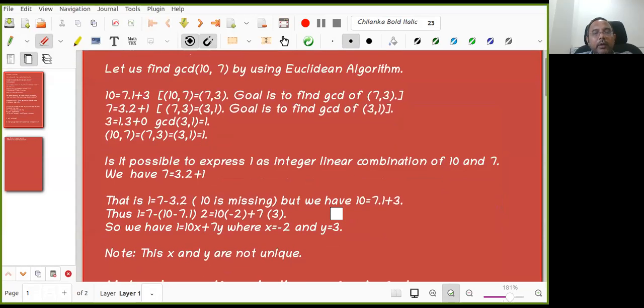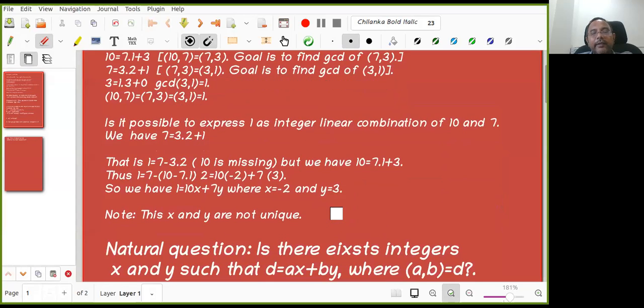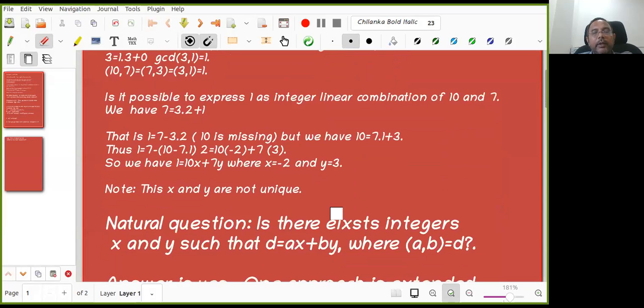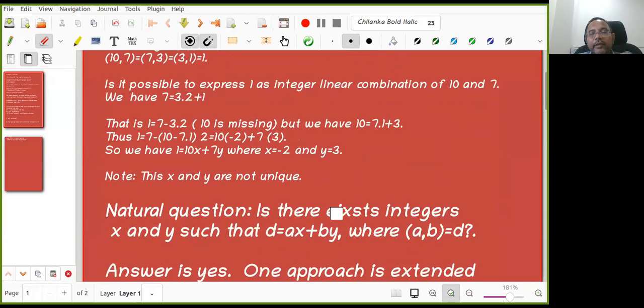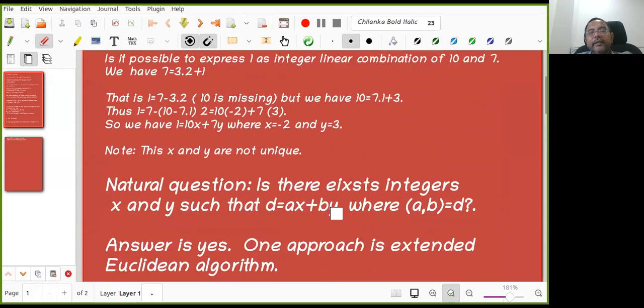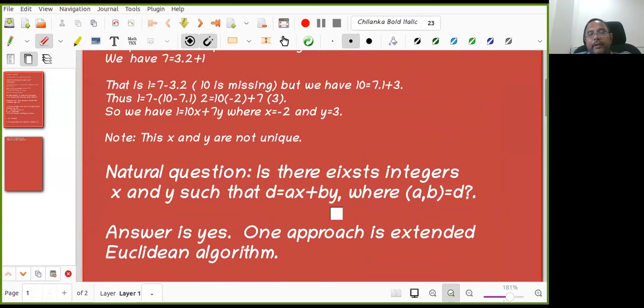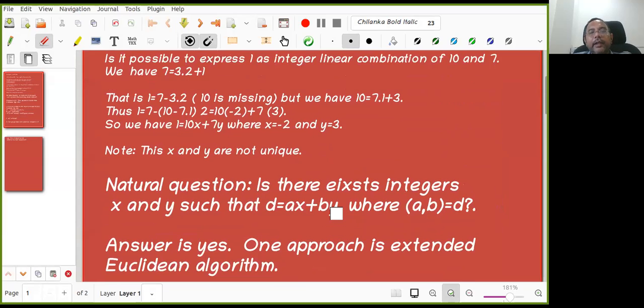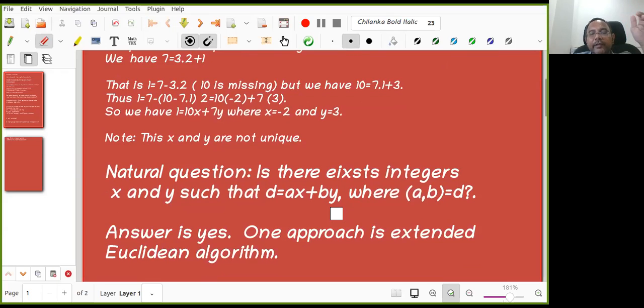Note that this x and y need not be unique. Now the natural question is: do there exist integers x and y such that d is equal to ax plus by, where the GCD of a, b is equal to d? This example is telling us that. So if the GCD of a, b is equal to d, do there always exist integers x and y such that d is equal to ax plus by?